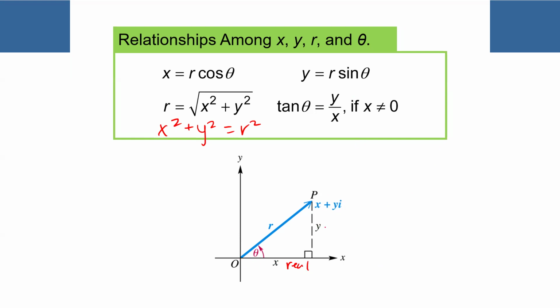Your y is now your imaginary. Because your vertical is your imaginary. Remember? Horizontal, real. When we look at it and we're graphing and analyzing, my radius is going to come off of what my x and my y are.